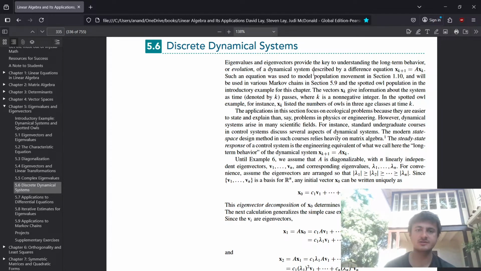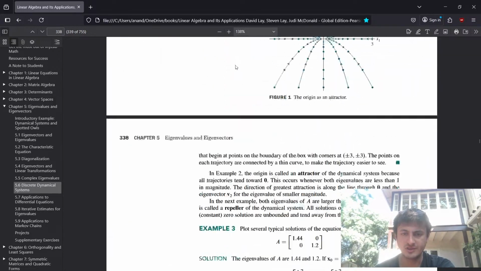Okay, so today is section 5.6 of Linear Algebra and Its Applications by Lay: discrete dynamical systems. Let's just look at the exercises.